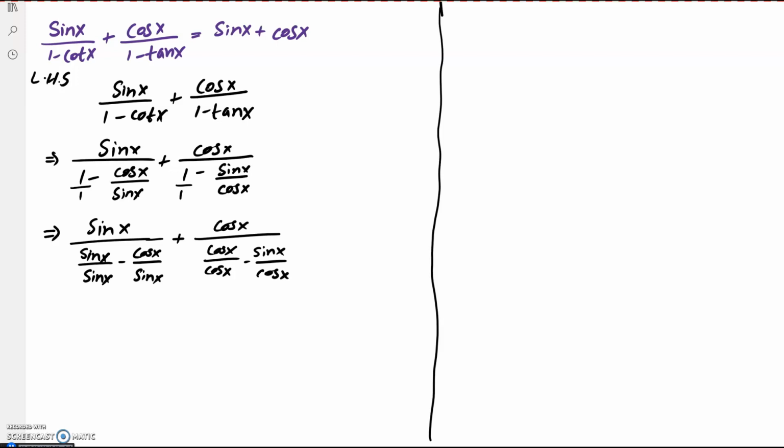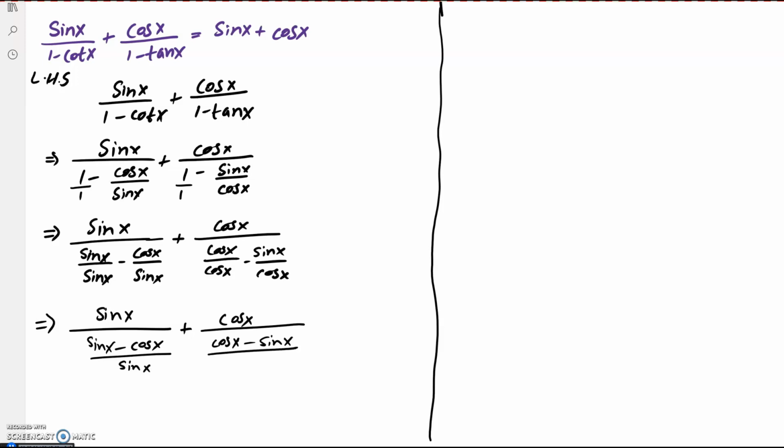Alright, now we have two fractions with the same denominator, and we're going to have sine x over, let's combine the denominators, sine x minus cos x over sine x, plus cos x over cos x minus sine x over cos x.